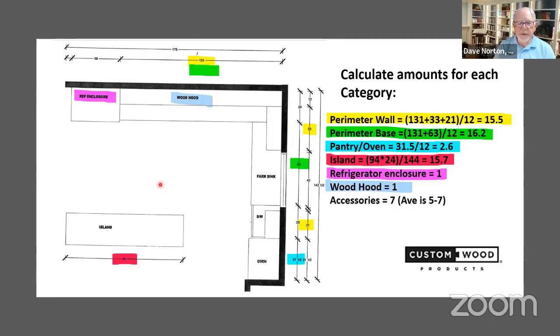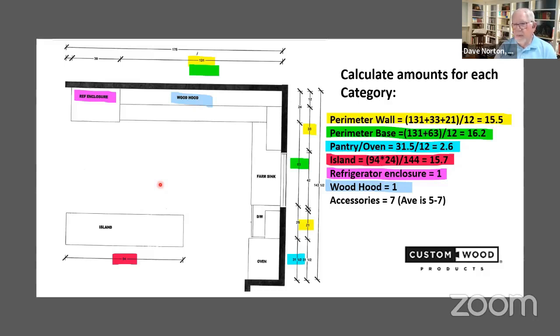And accessories: rollouts, tray dividers, trash cans, etc. We can tell you that for a CWP kitchen, the average is typically 7. There is a sheet in our training documents that tells you how we calculate accessories.